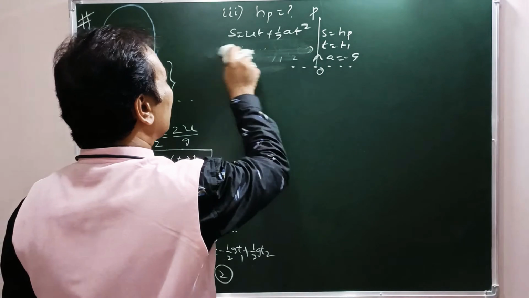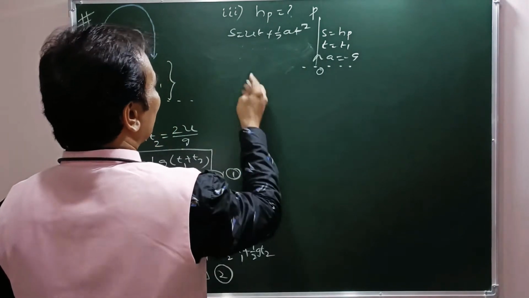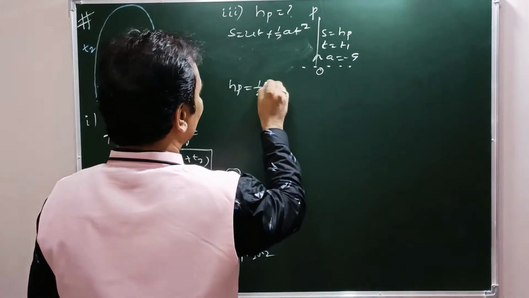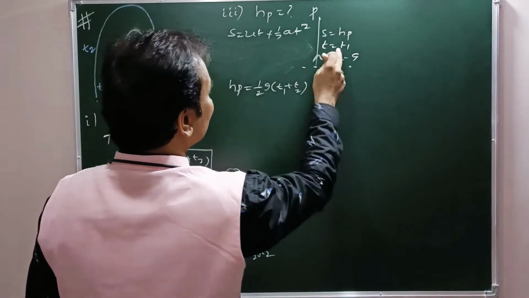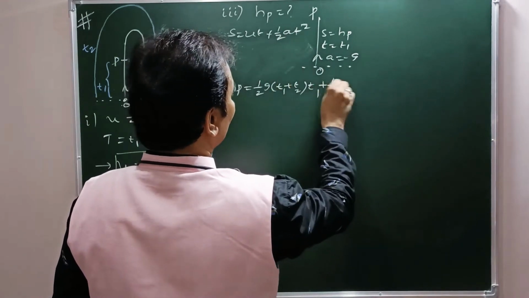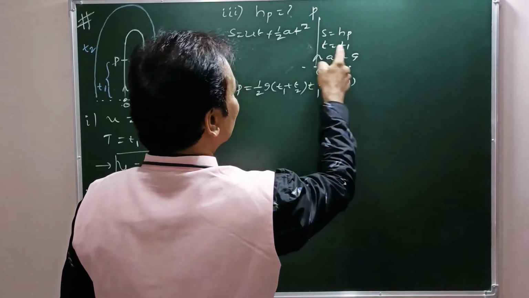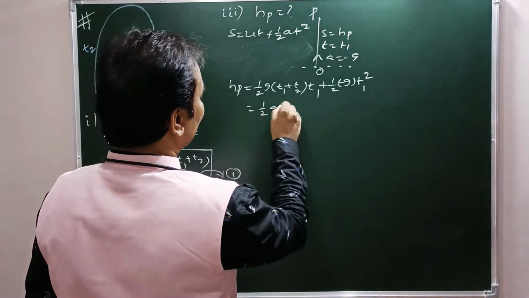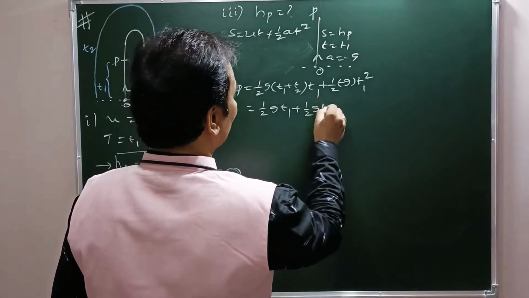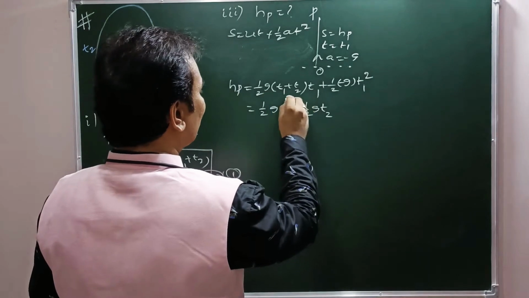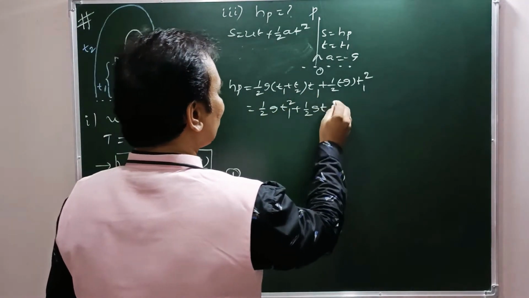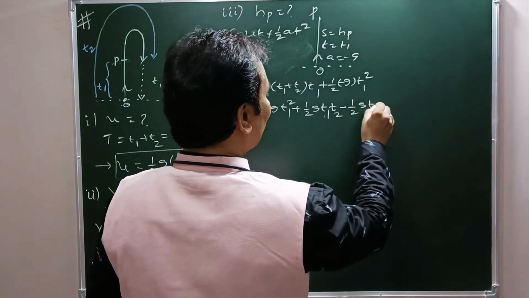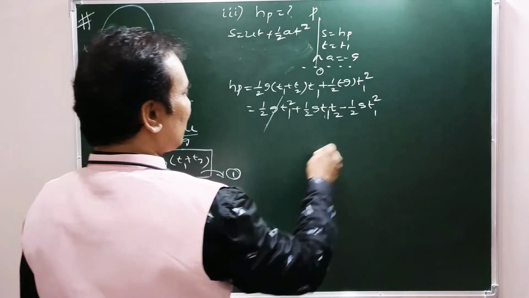Expanding: half g T1 squared plus half g T1 T2 minus half g T1 squared. Now half g T1 squared minus half g T1 squared cancel.